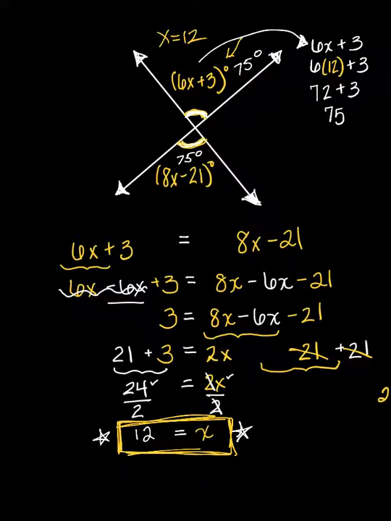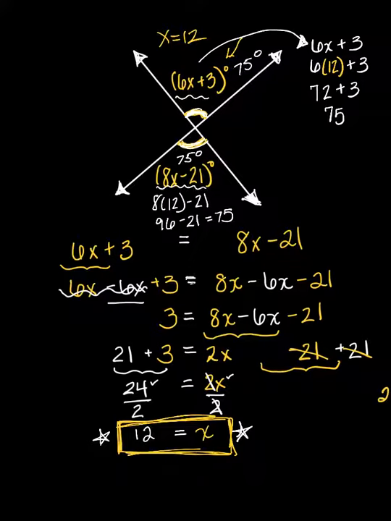If I take 8x minus 21 and plug 12 in for x, what do I get? Well, 8 times 12 is 96, minus 21 is 75. That's so cool!